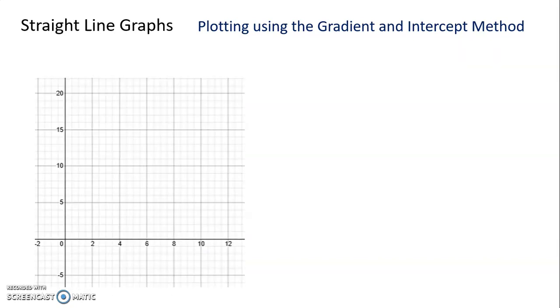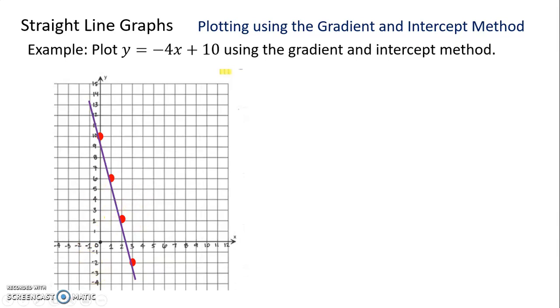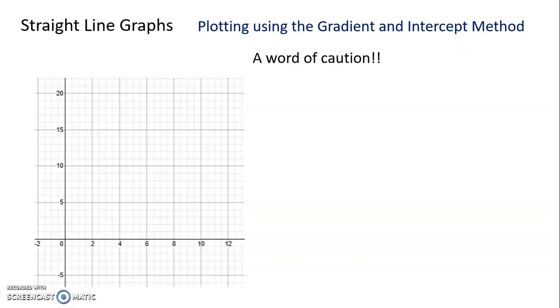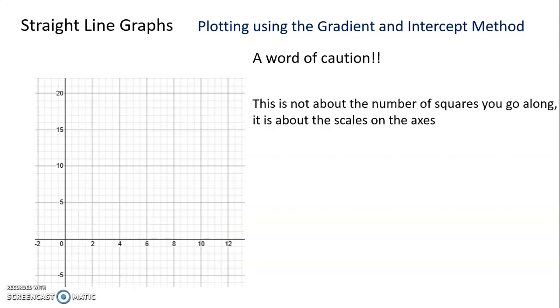So a word of warning here. You can see here that on the scales we've drawn on the axis, we've got 1 square is 1 unit on both axes. It's really important to understand that this is not about the number of squares you go along. It's about the scales on the axes.